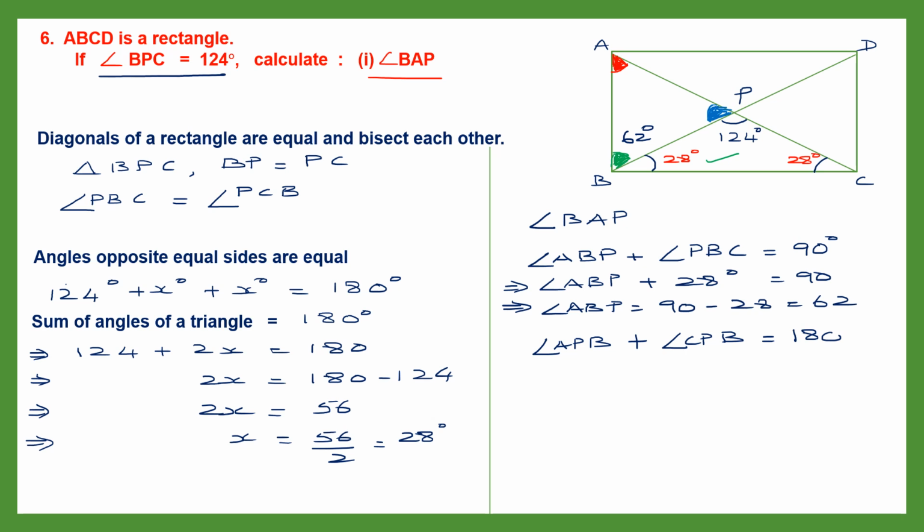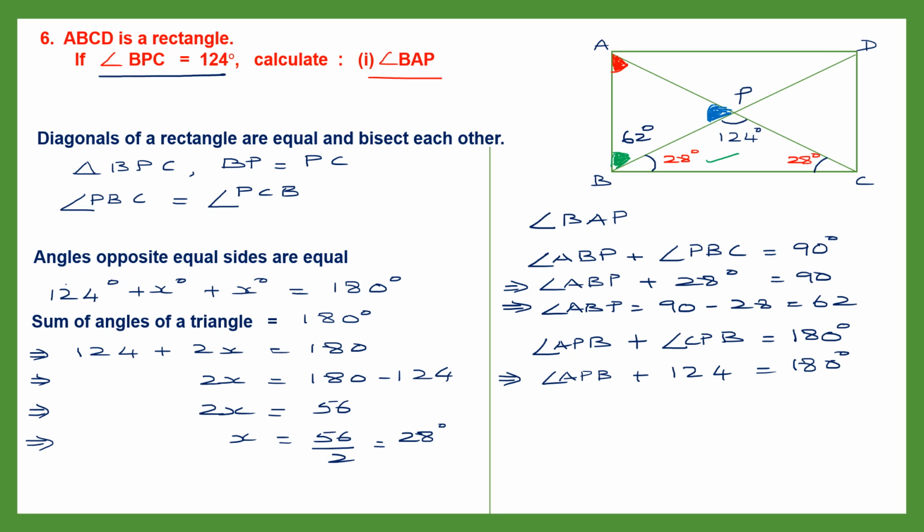Now angle APB is what we need to find out, so that will remain as it is, plus angle CPB. CPB is 124. Let's write that 124. That is equal to 180 degrees.